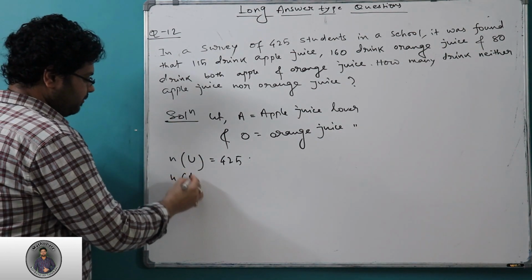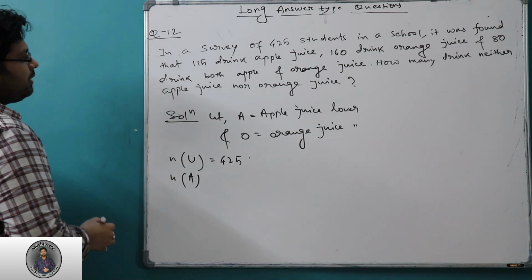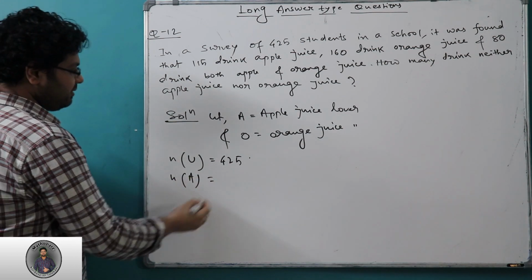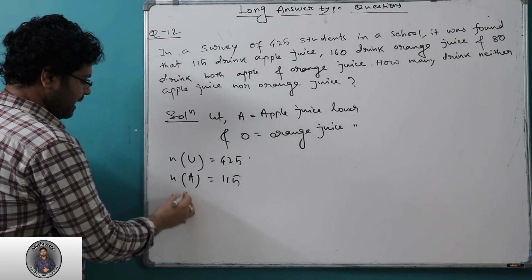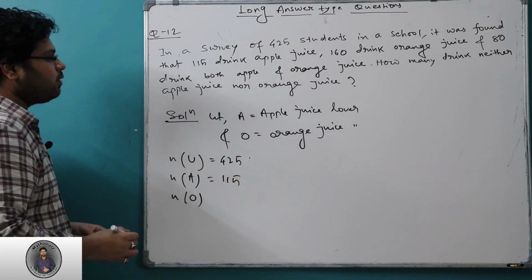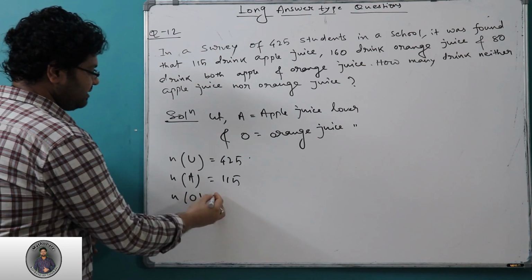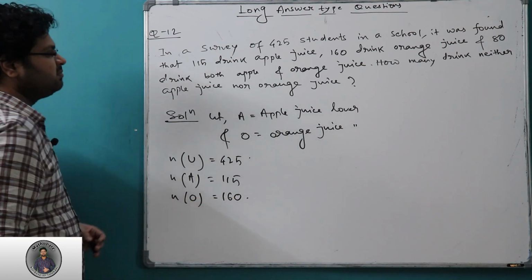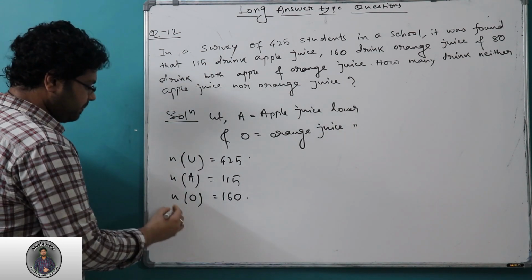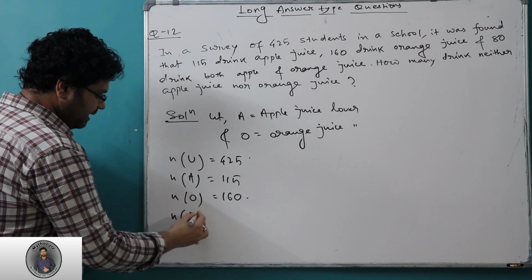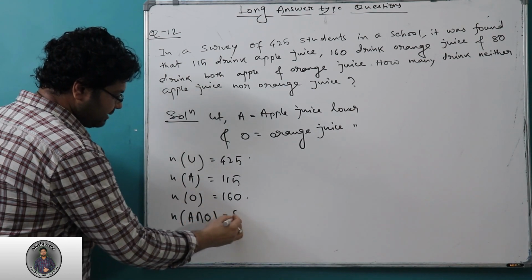Now the number of students who like apple juice, it is given, is 115 students, and the number of students who like orange juice is 160 students, and there are 80 students who like both apple and orange juice, that is A intersection O, that is 80.